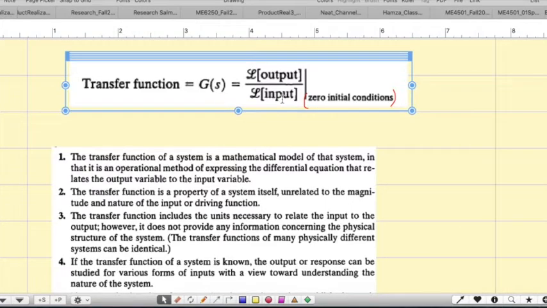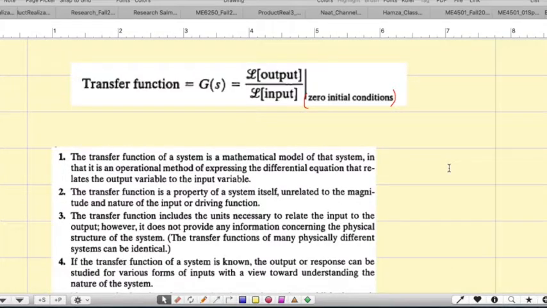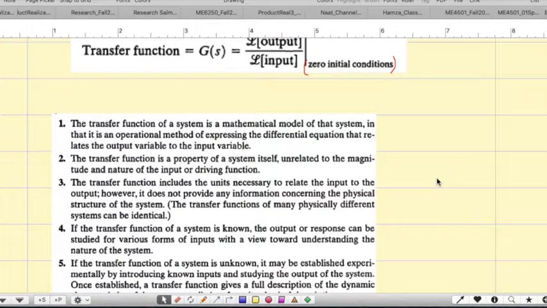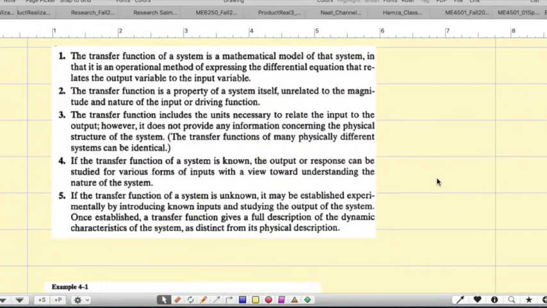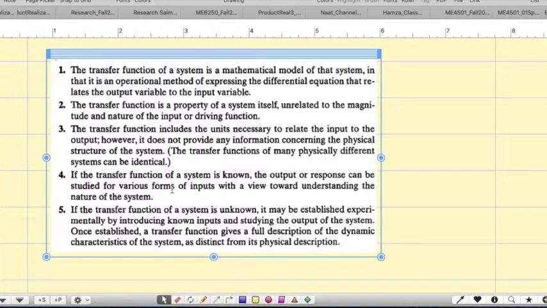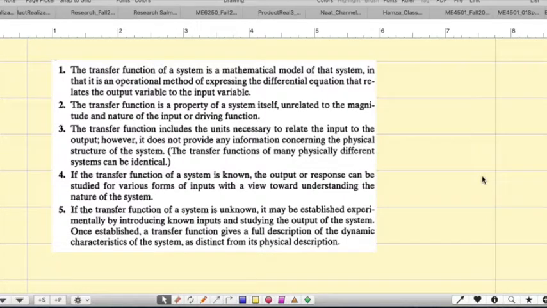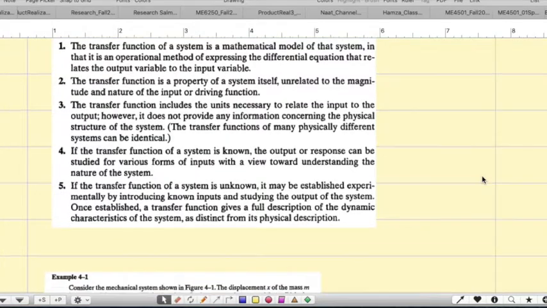So in this case, we don't know what the input magnitude or the driving function is. And the third point is the transfer function includes the units necessary to relate the input to the output. So you can read it and so on. The fourth point, if the transfer function of a system is known, the output or response can be studied for various inputs and so on.